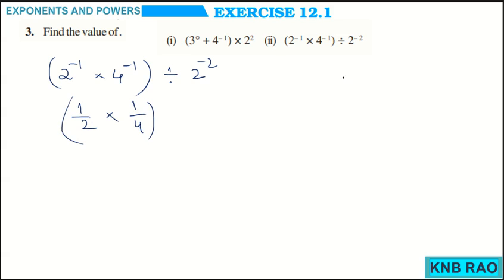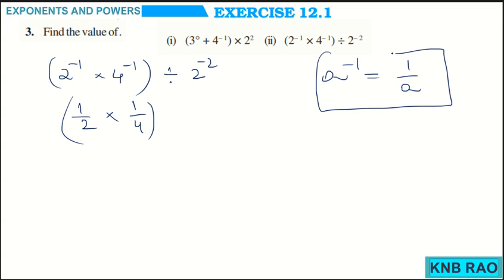Since a raised to the power minus 1 is written as 1 by a, it is the notation for showing reciprocal or multiplicative inverse.